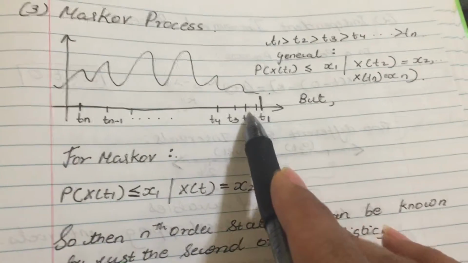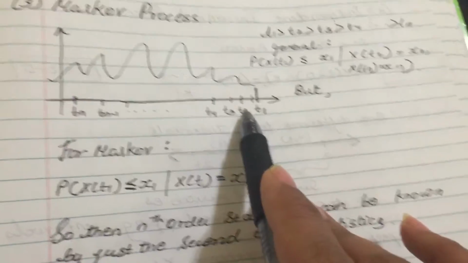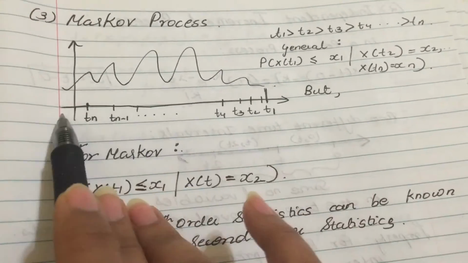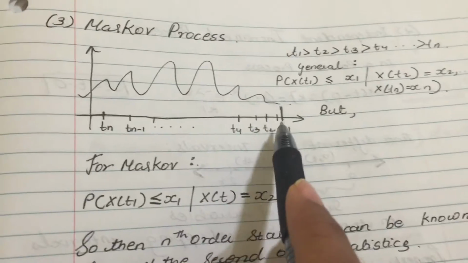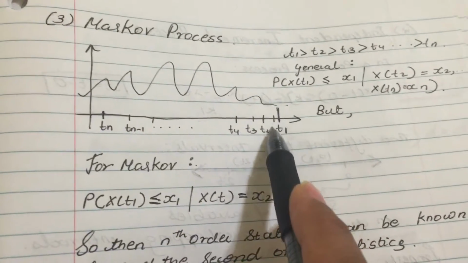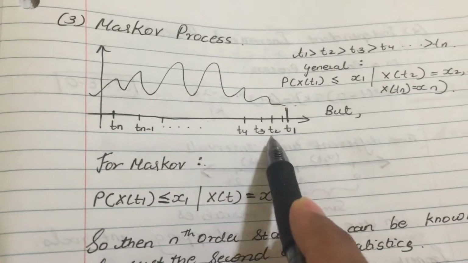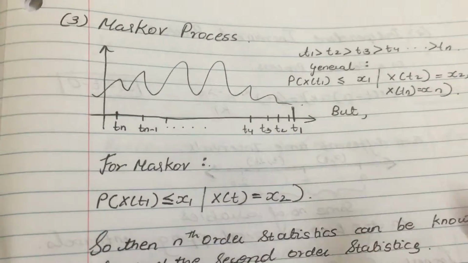So the probability of this happening will be conditioned on everything that happened before it. What the Markov property states is that the probability of this happening will only be conditioned on this.